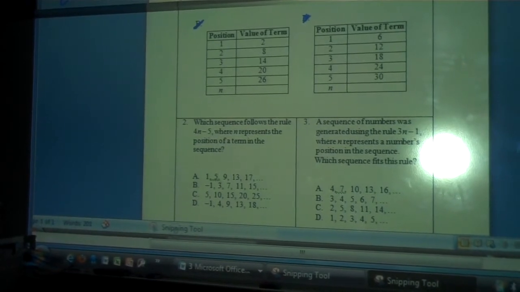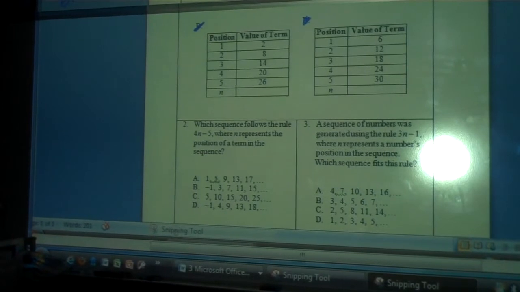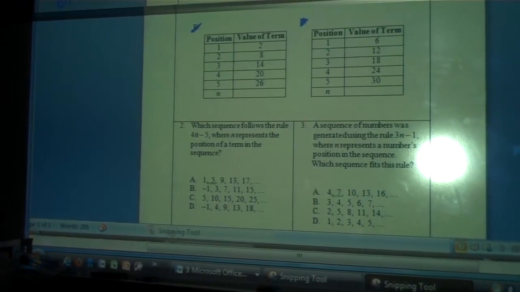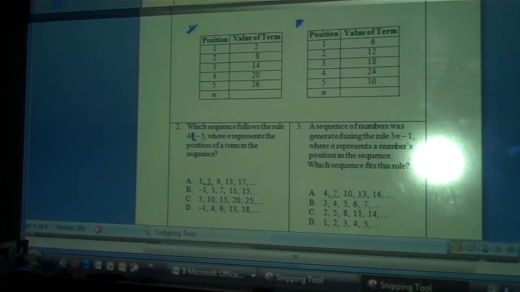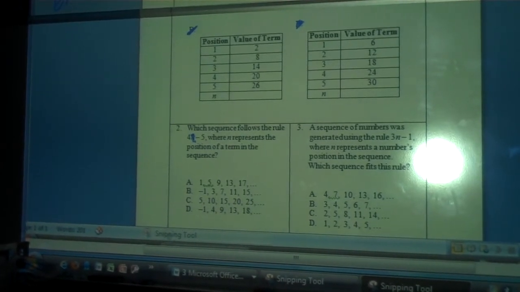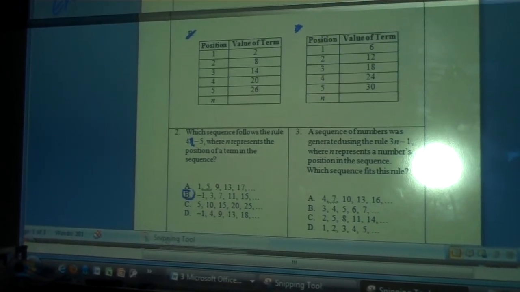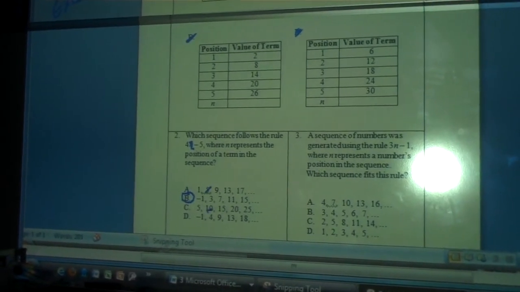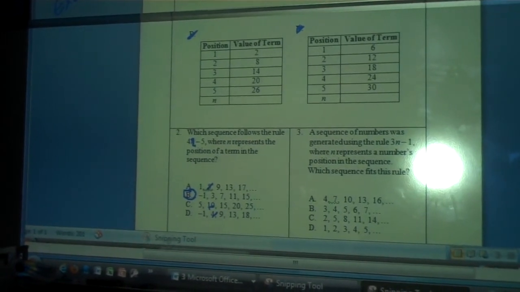I might go to position 2, where all of them are different numbers, 5, 3, 10, and 4. So I'm going to go to position 2 and put a 2 up here. 4 times 2 is 8. 8 minus 5 is 3. So in position 2, I need a 3. No 3. There's my 3 right there. No 3, no 3, no 3. Okay, kind of see how the rule goes with the sequence?